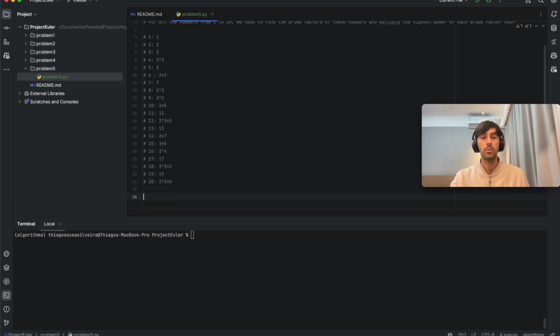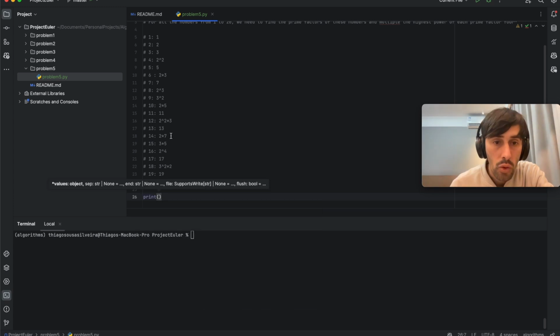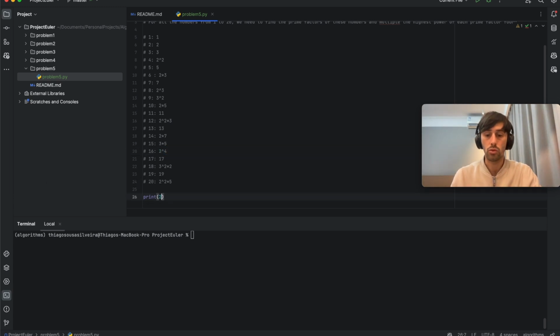So what is our result? We need to get the highest power of each of the prime factors that we find in this collection. Let's go one by one. For 2, the highest we find is 2 power 4. We multiply that by 3 squared, the biggest one we find for 3.